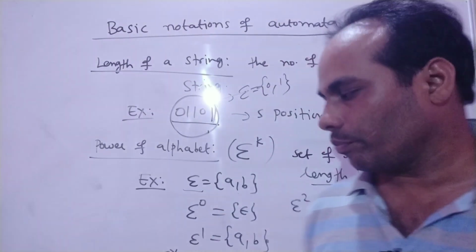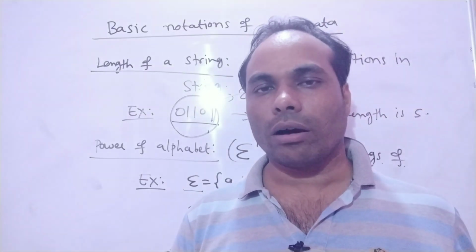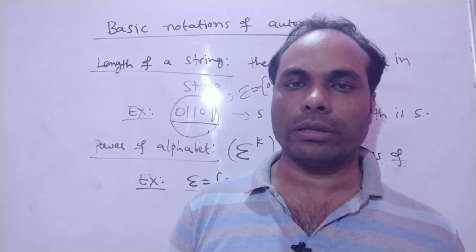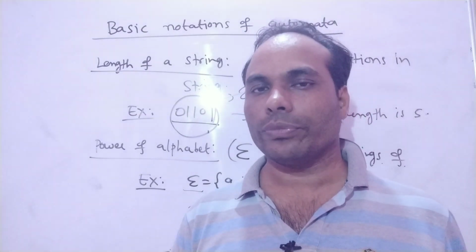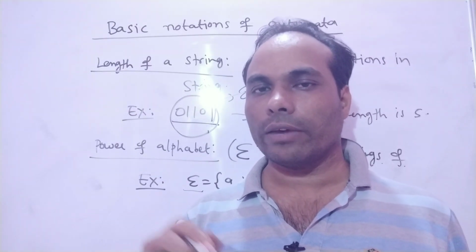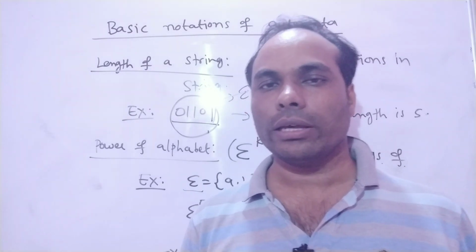Next, length 2 is also possible, with all the different possibilities: AA, AB, BA, BB. These all come under length 2, so for sigma power k, the k value is 2, and the length of the string is 2.